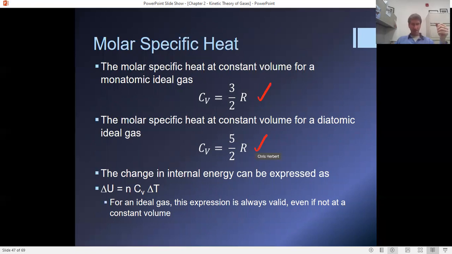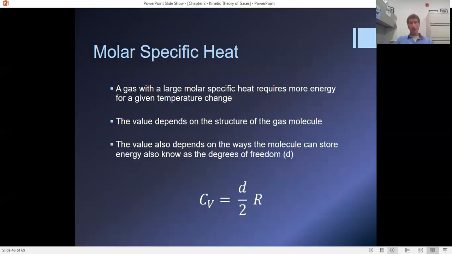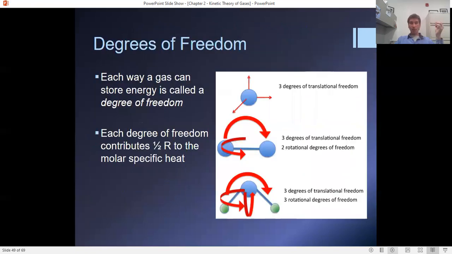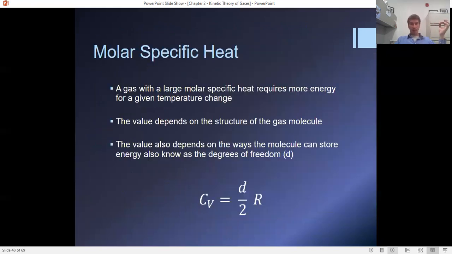For diatomic, yes, theoretically, if we're at a high enough temperature, CV would be 7/2 R. But for practical purposes, this is where we are. And generally, our molar specific heat is going to be the degrees of freedom which are available to us at those particular energies divided by 2 times R.